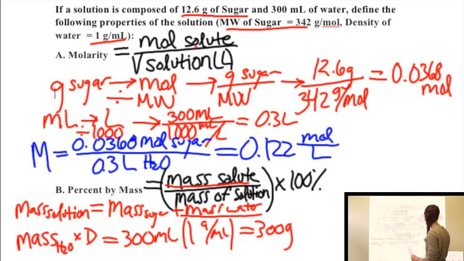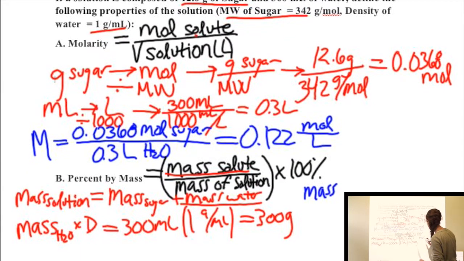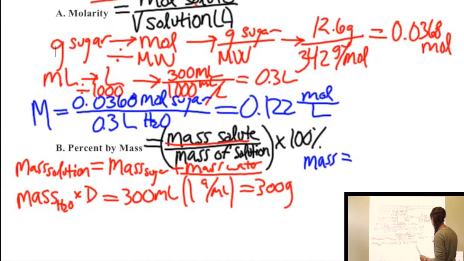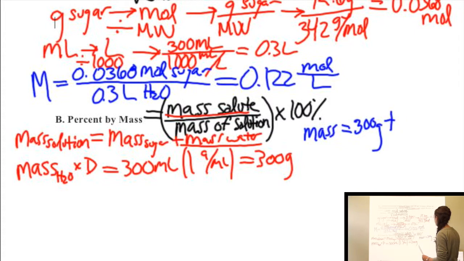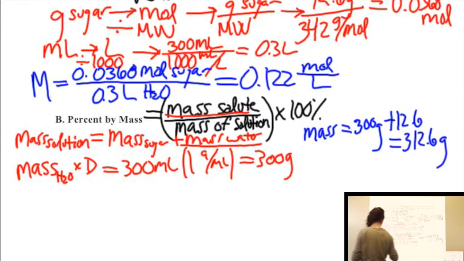So with that, we know that the mass of our solution is equal to 300 grams plus 12.6 grams. So we'll get 312.6 grams.